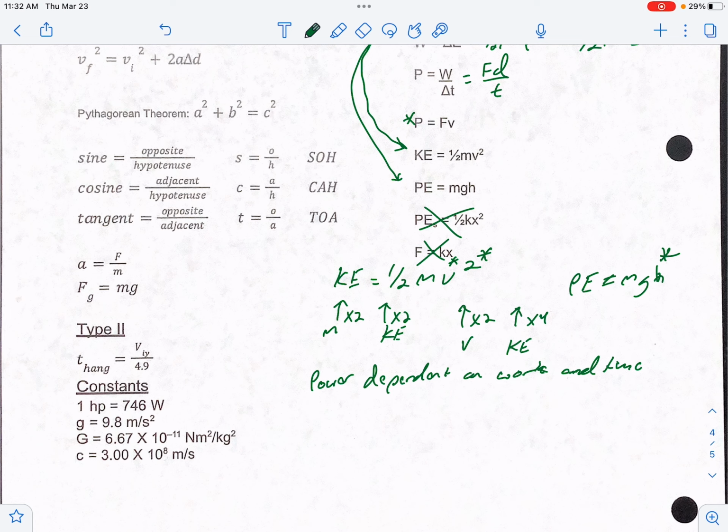So say I have 2 people trying to get something done, but it takes the same amount of work. So let's just say it takes 100 joules to get done. So I do it with 100 joules of work and you do it with 100 joules of work. Okay, but I do it in 5 seconds and you do it in 10 seconds. Well, if I did it in a quicker time, I'm going to have more power, because that power is able to do the job more efficiently. So just make sure you know those relationships there.